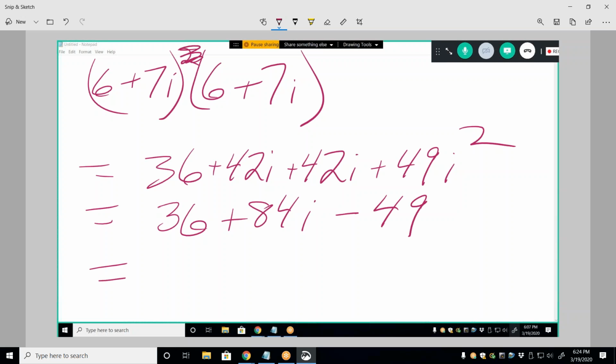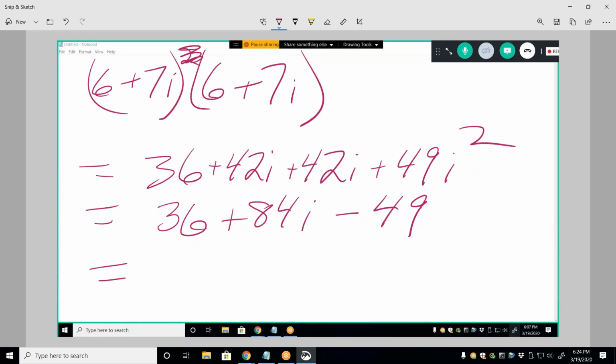Always starting with the real number. 49 minus 36 is what? 13.